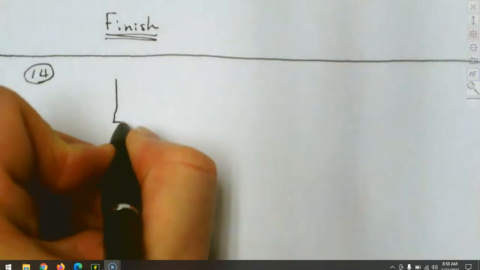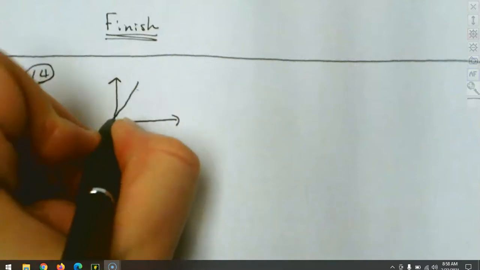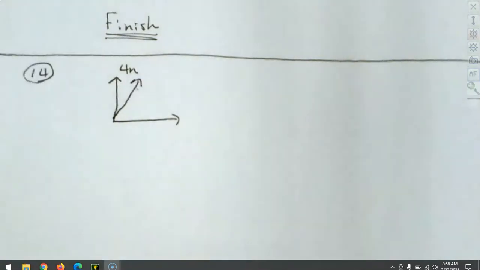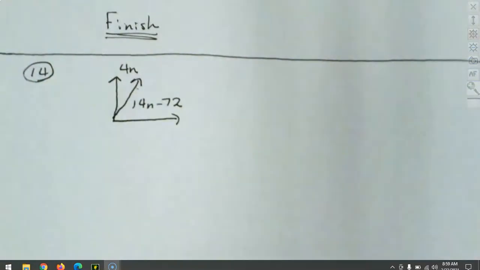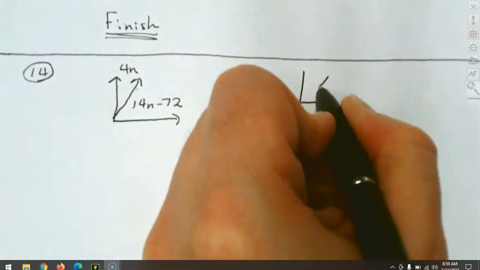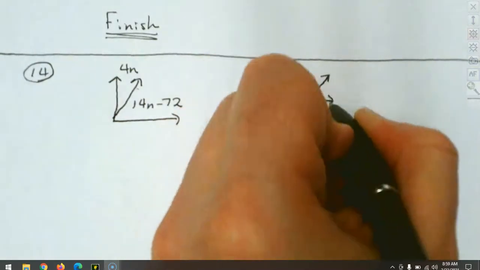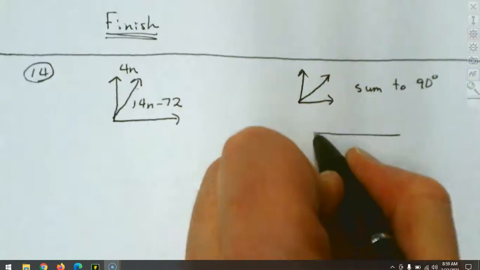So let's talk now about 14. Now, when I give you an angle question, there are 3 different outcomes that we can have happen. First off, we can have what are called complementary angles, which is like this. Complementary angles sum to 90 degrees. Supplementary angles look like this.